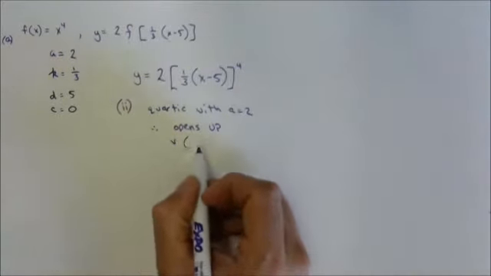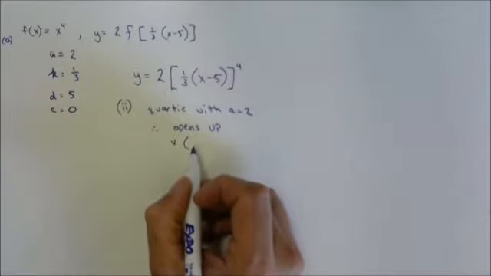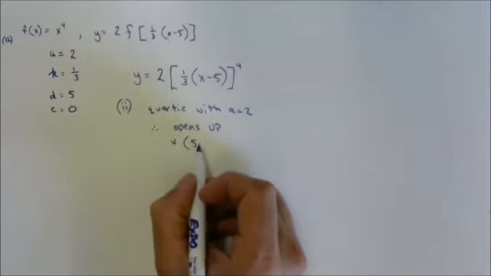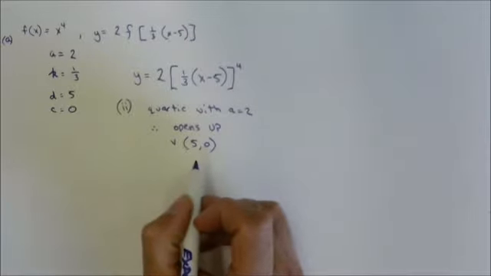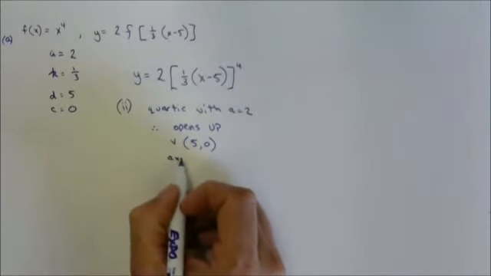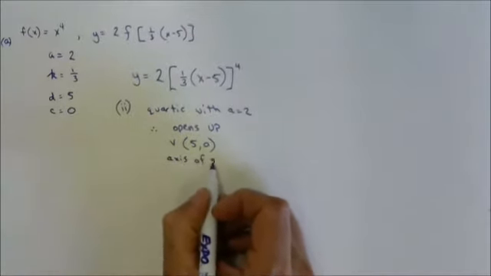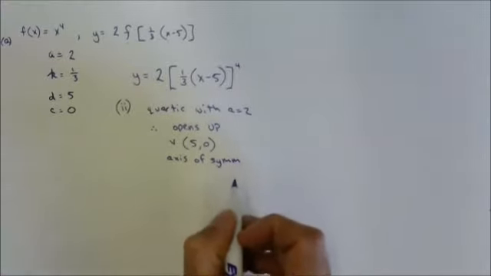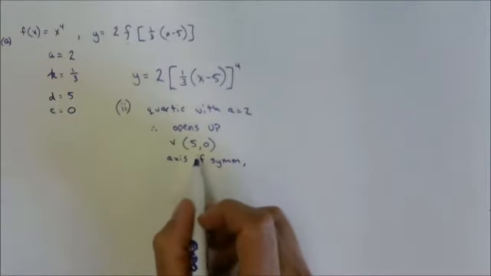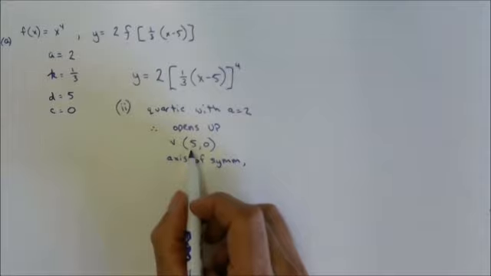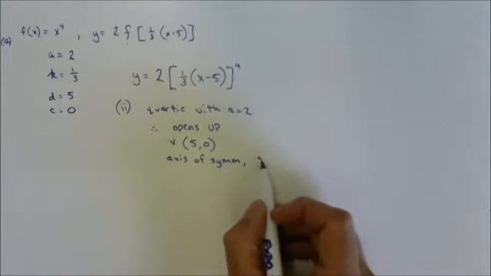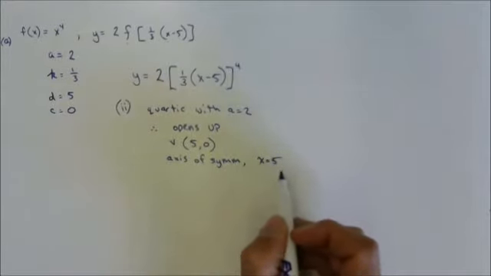Vertex is at DC, so it's 5, 0. Axis of symmetry is x equals the x coordinate of the vertex, so it's x equals 5.